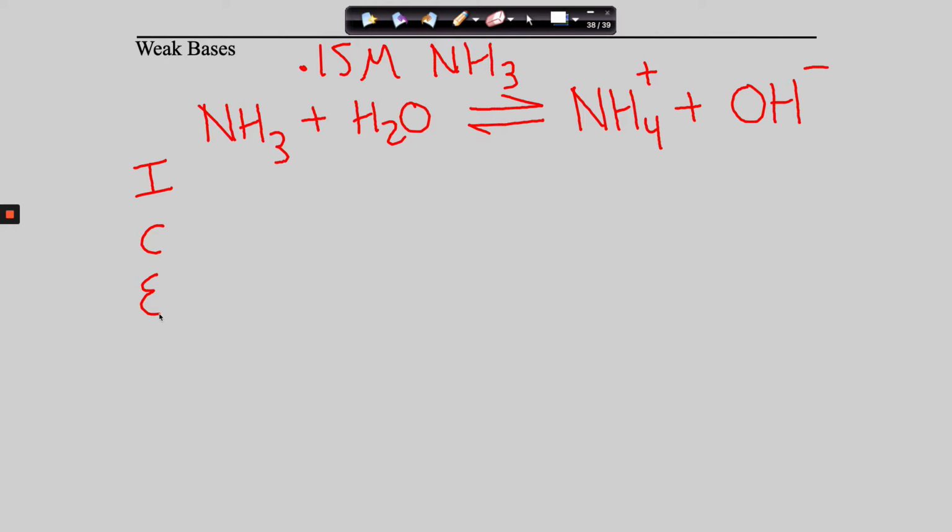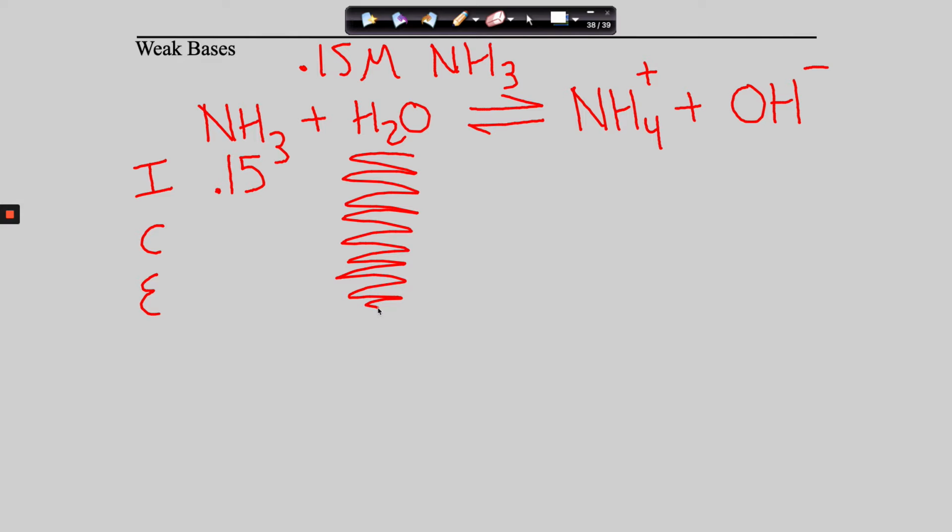And then, guys, we've got to fill this in. Where does the 0.15 molar go? Top left. The initial concentration of NH3. But now, guys, check this out. What do we do about the water? And the answer is this. Put a squiggle. It does not have a molarity.